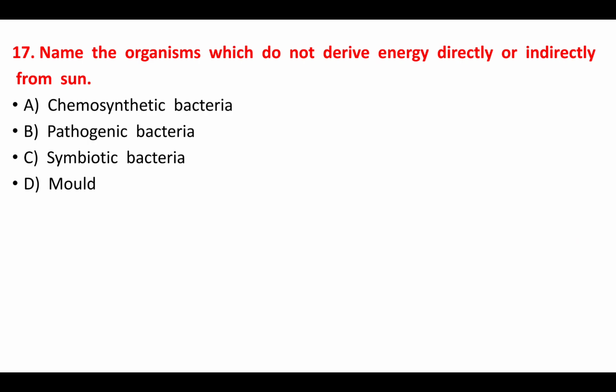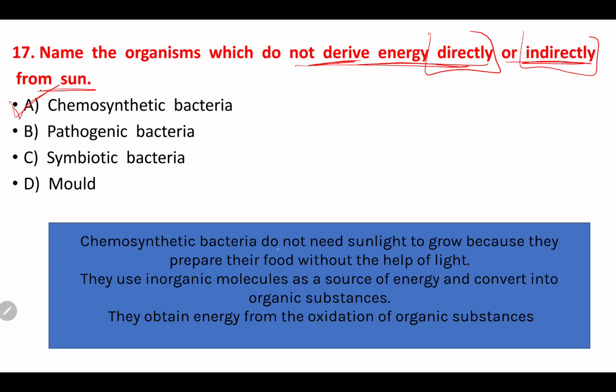Now, let us move on to the 17th question. Name the organisms which do not derive energy directly or indirectly from the sun. See, these are said to be chemosynthetic bacteria, because chemosynthetic bacteria do not need sunlight to grow; they prepare their own food without the help of light. What do they use?